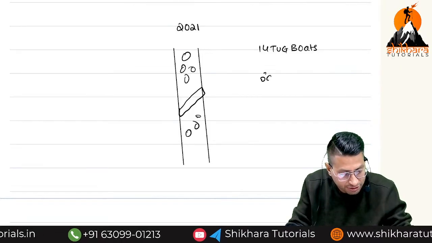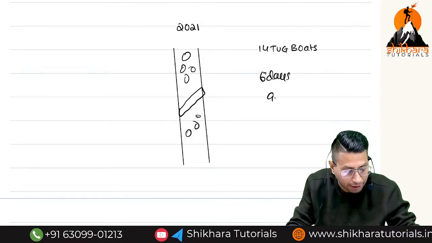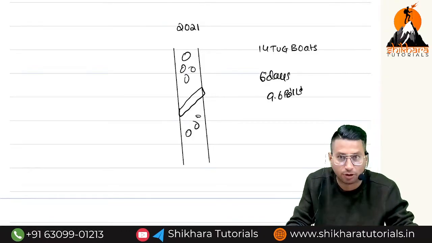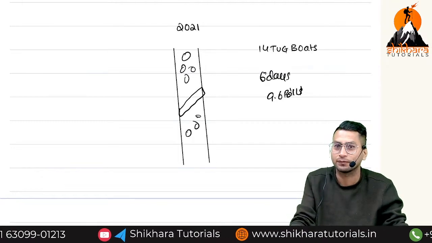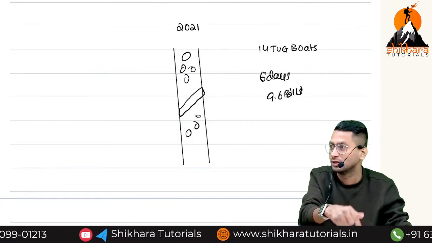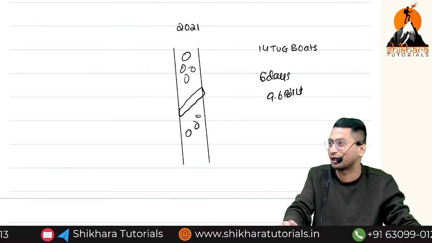For almost 6 days the ship was stuck, and $9.6 billion was lost in world trade every day for 6 days. And one of the persons captaining that ship was Indian. And you know how bad Indian drivers are, heavy drivers.